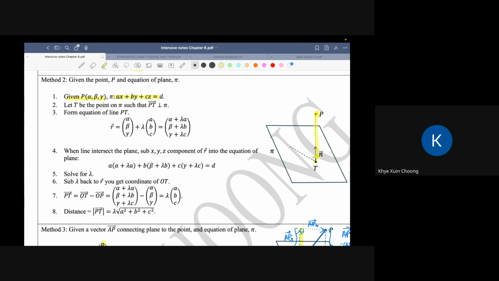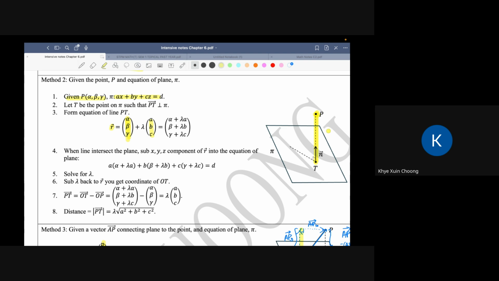We know the position of P, so P should be along this line. So the position vector of this line PT is P plus lambda ABC. What is ABC? ABC is the direction vector of this line.